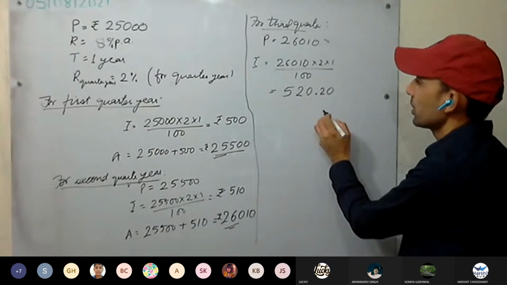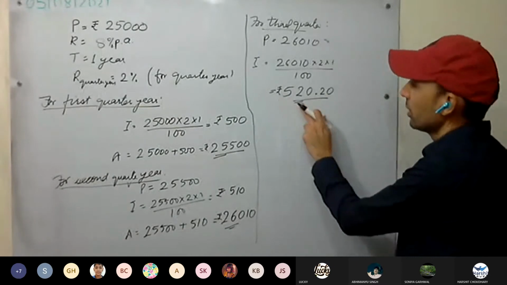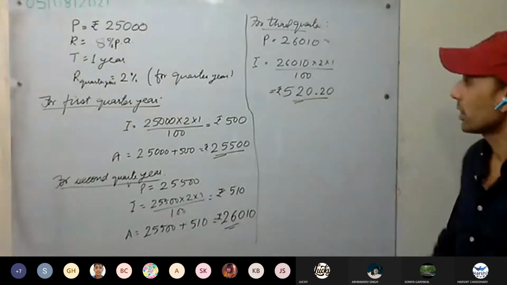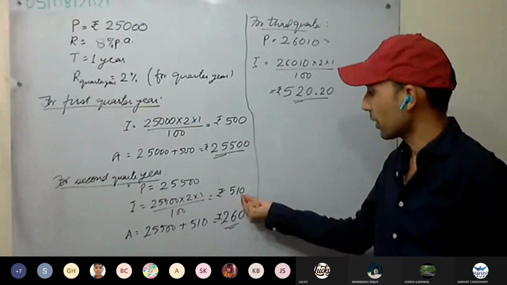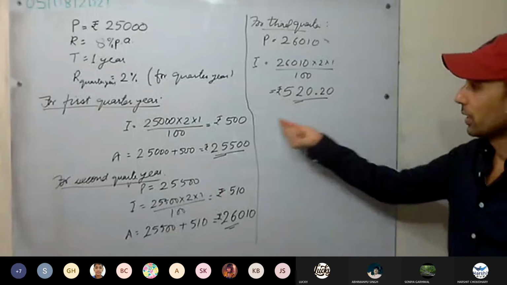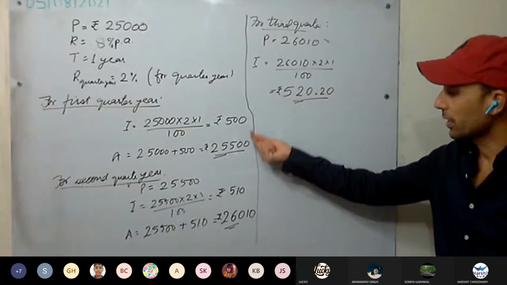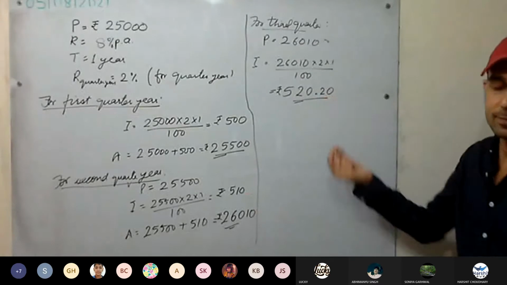Are you getting this much? Okay, this is the interest for the third quarter. Do you see something? 500, then it increased to 510, then 520.20. From the first to the second it increased by 10 rupees, and from here to here, 10 rupees 20 paisa.